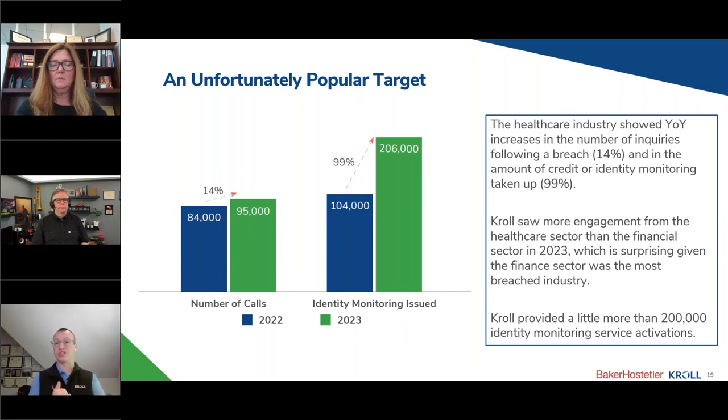Ultimately, the John and Jane Doe who are affected by this, right? But the year-over-year increase in the number of inquiries that even Kroll gets following an incident is up. Almost 99% increase year over year, even into 2023 when finance and healthcare switched as the most breached, almost a 100% increase on the actual identity monitoring being issued. Still targeted, still top of mind, and heavily regulated.